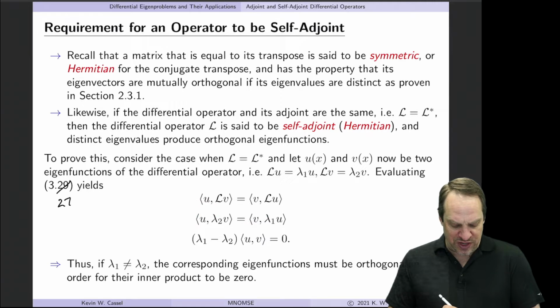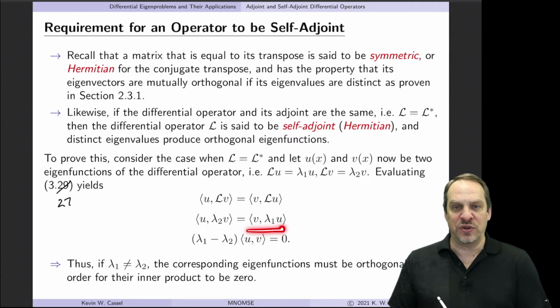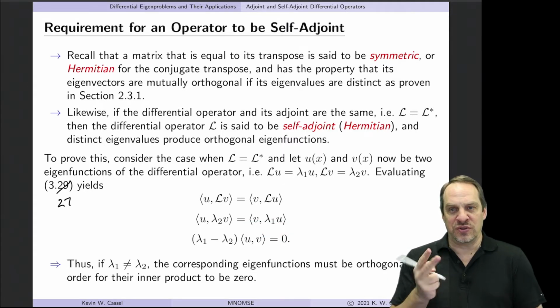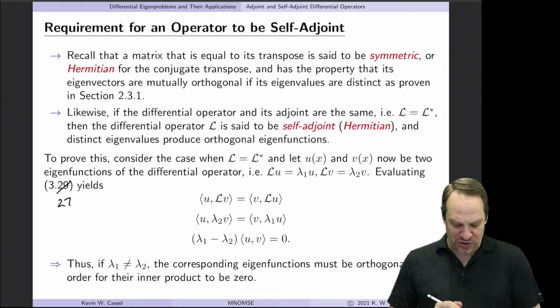So on the left we have lambda 2 times the inner product of U with V, and on the right we have lambda 1 times the inner product of V with U. Remember, the order of the functions, just like with vectors, doesn't matter within the inner product. So let's bring both of these to the left-hand side. Then we have the quantity lambda 1 minus lambda 2 times this inner product of U with V must be equal to 0. That follows directly from here.